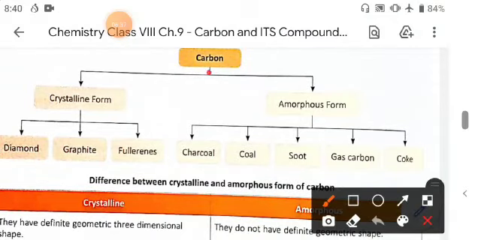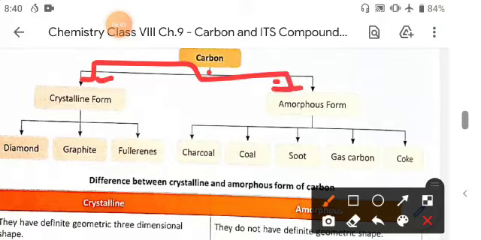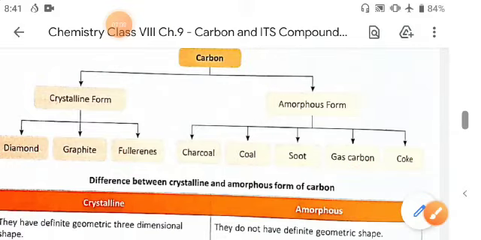Carbon is divided into two categories. First is the crystalline form and second is the amorphous form. In crystalline form: diamond, graphite, fullerene, and in amorphous form: charcoal, coal, soot, gas carbon, coke.